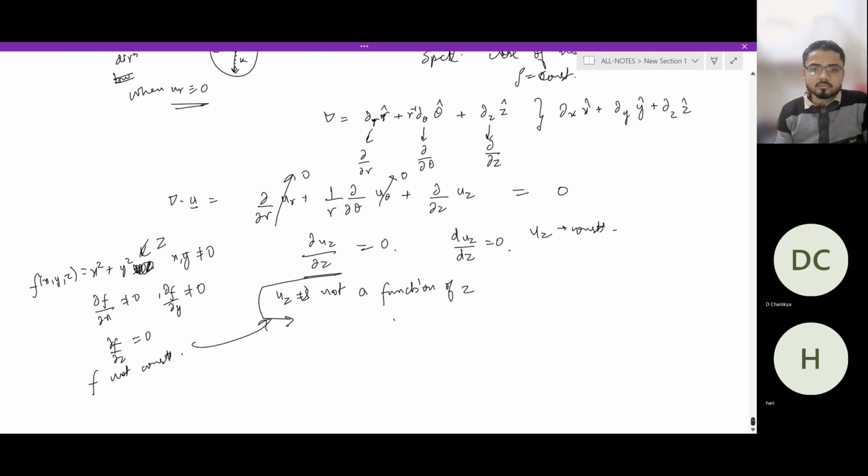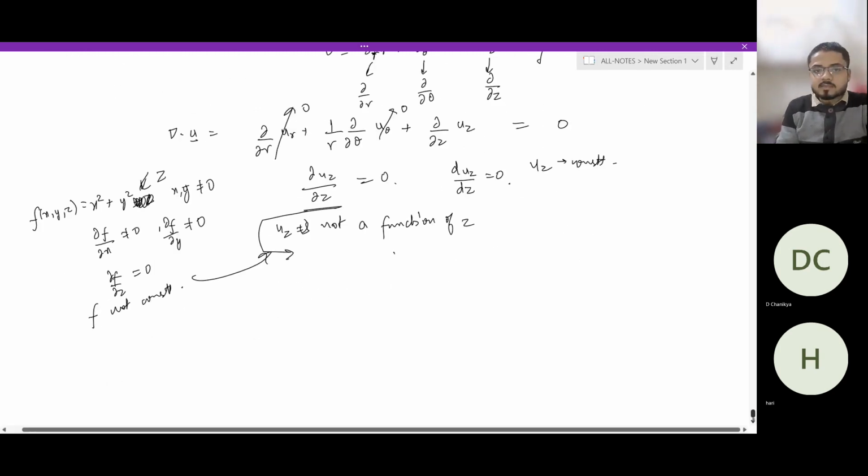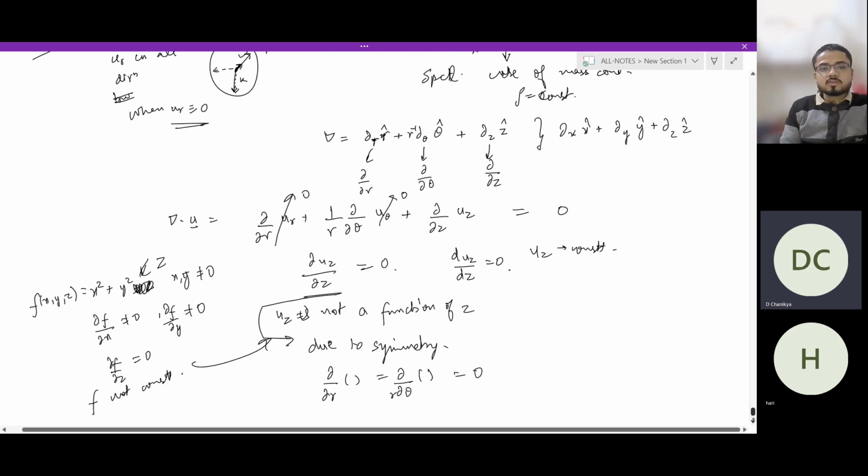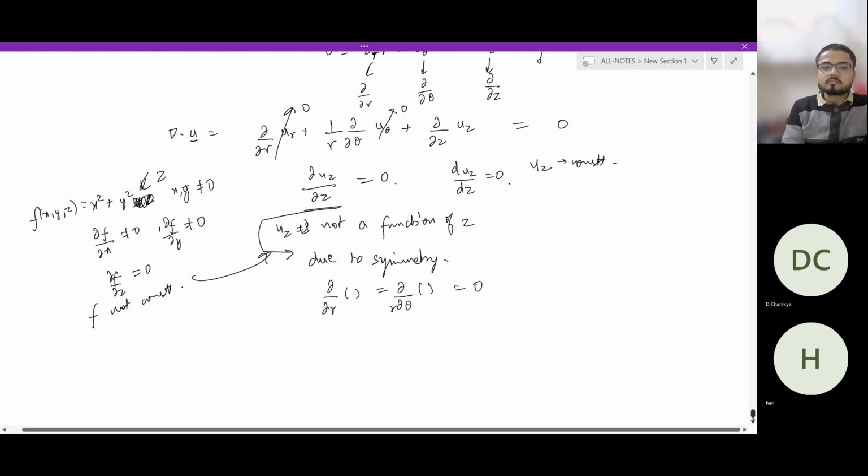And now, due to symmetry, right? Due to symmetry, you can always write that del by del r of anything is equal to 1 over r del over del theta of anything equals to 0, right? We saw this earlier, right?